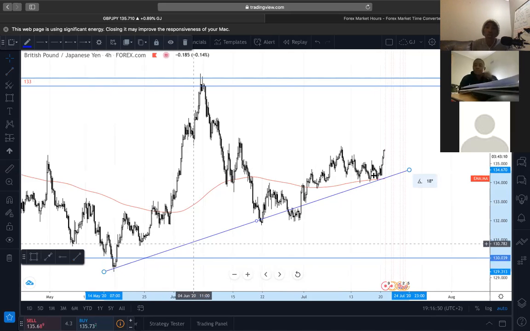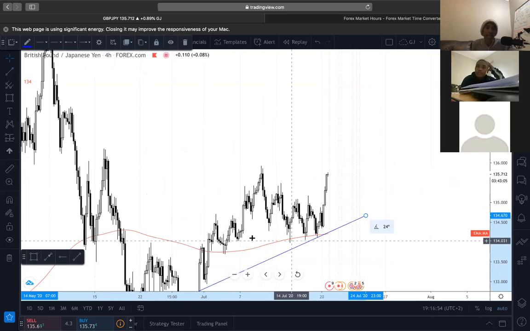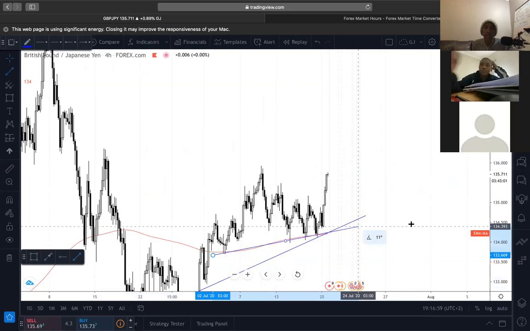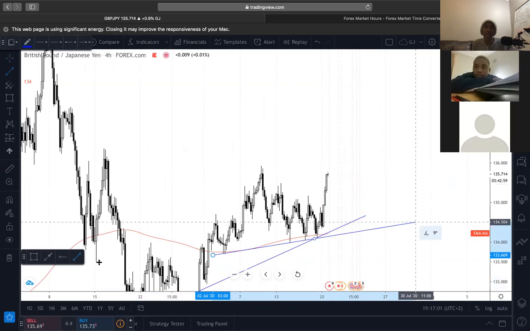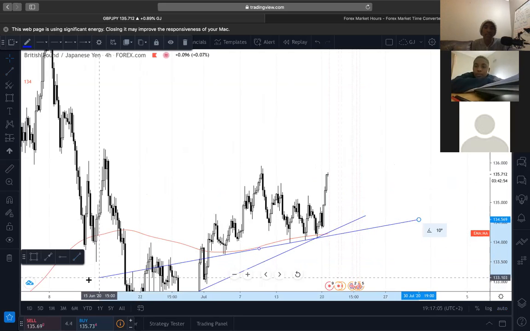But you could also be looking at this minor trend line here. It could be this one, and this one will have less of a major flip or influence on the market.